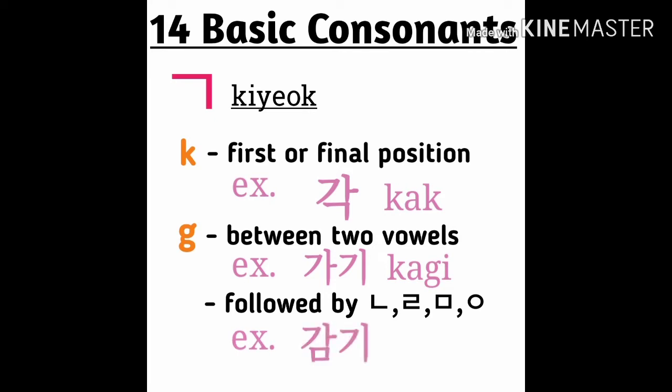Because the final consonant in the syllable is miam and it is followed by kyok, this kyok is pronounced as letter G. We will read this word as kamgi. That's the rule regarding the consonant kyok. It has two sound values, the letter K and letter G, depending on its position in a word or syllable.